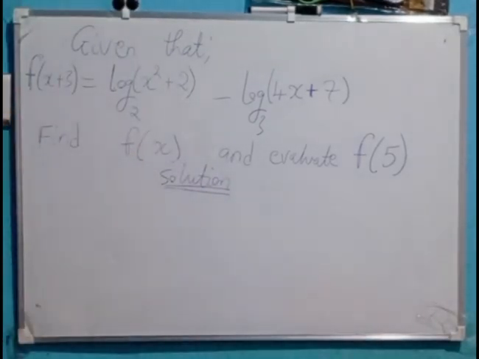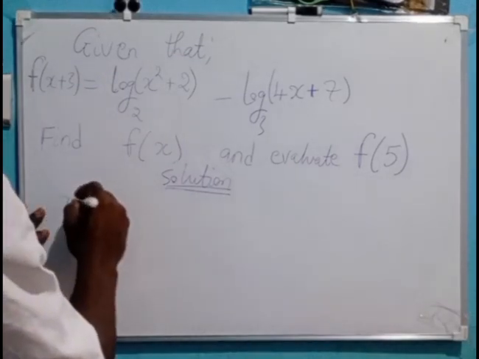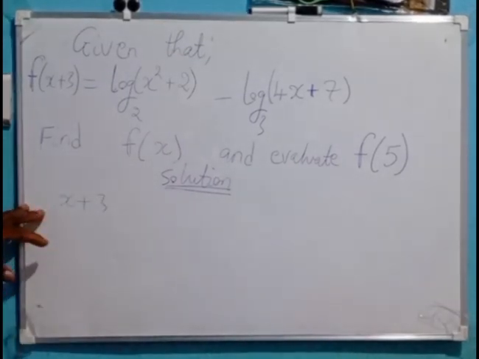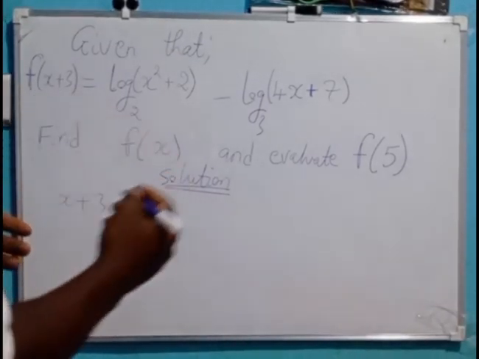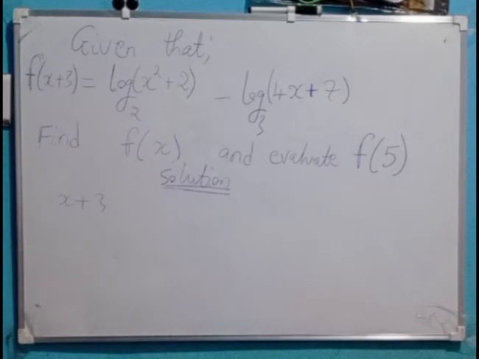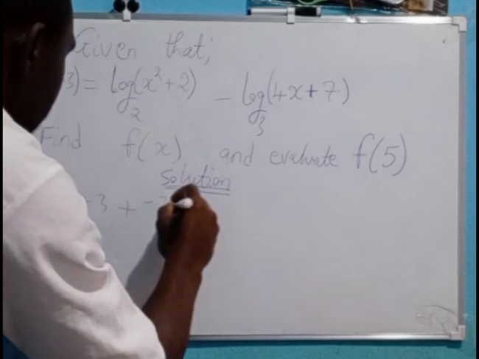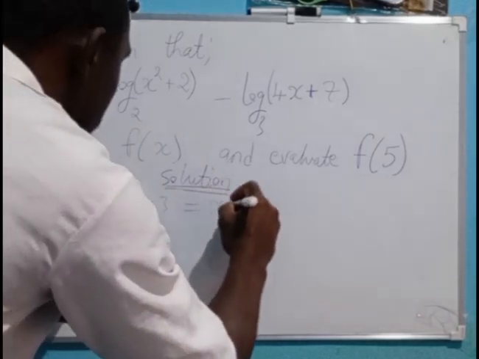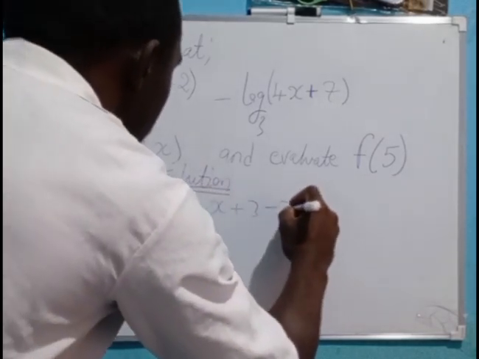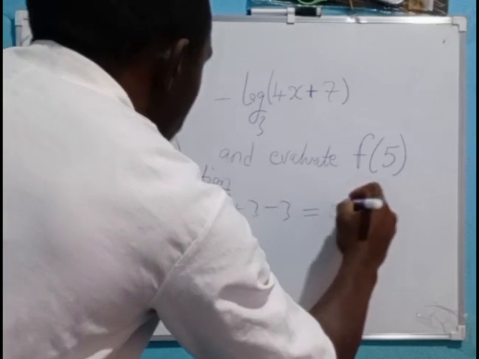We have to find f of x. We take x plus 3 as such, then we add negative 3. This will be the same as x plus 3 minus 3, which is simply equal to x.